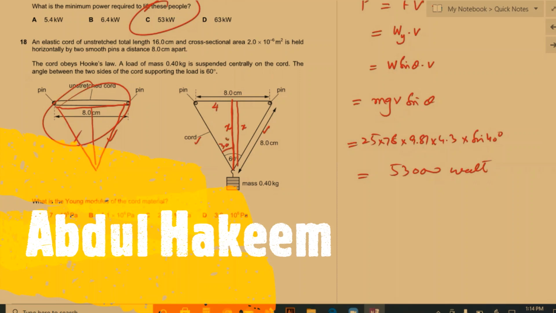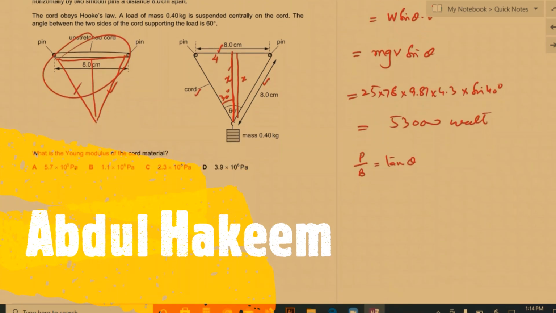This angle becomes 30 degrees. So according to this, this is the perpendicular, this is the base. The perpendicular divided by base is equal to tan theta. So the perpendicular is the force and the base X is required, tan of 30 degrees.